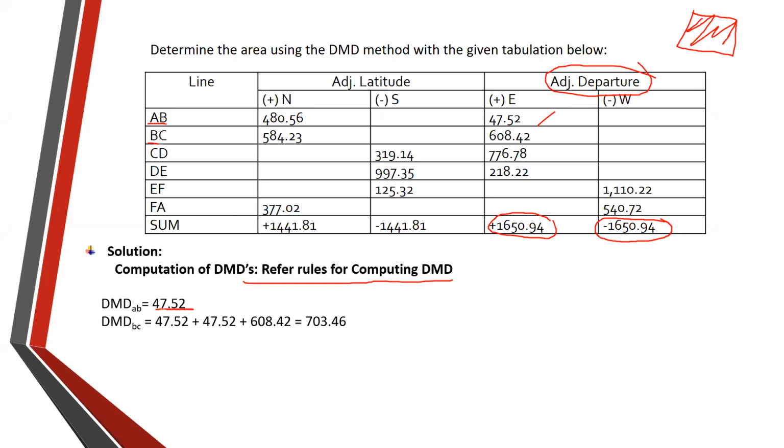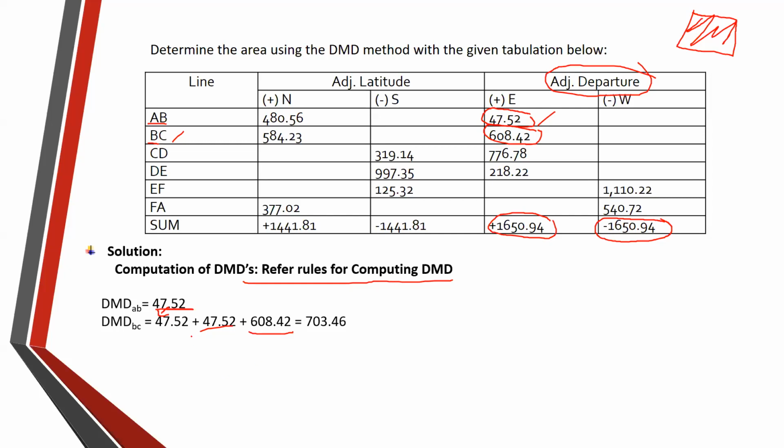Our preceding course is AB, so we bring down 47.52, plus the departure of the preceding course, 47.52, plus the departure of the course itself. What is the departure of BC that we are considering? That is 608.42. We just add the three, and that is equal to 703.46.